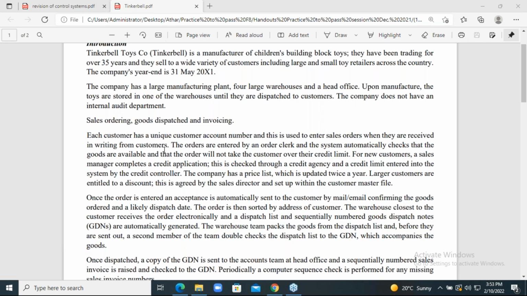Now this is a control system. How is this a control system? You need to understand the logic and the argument behind this control system.